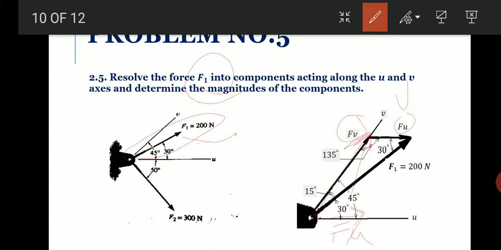Now we have the given angle 30 degree. So this angle here is equal to this angle here. Now since we have the given 45 here, angle 45, so 45 minus 30 is equal to 15, this angle here. So we have two given angles.